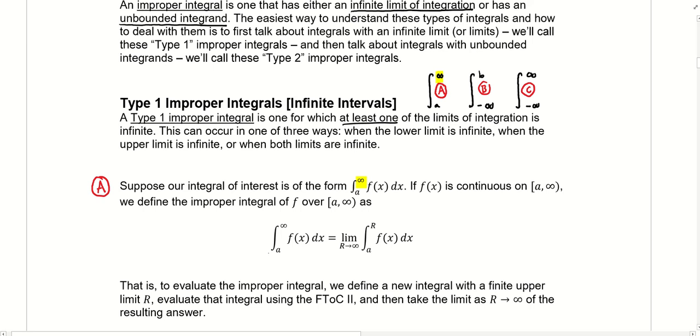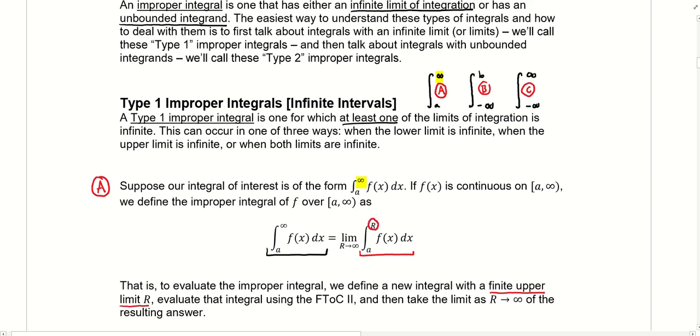The way we do this is we start with this improper integral, and we actually define a brand new integral. We define this integral here, where we're integrating from the lower limit, the a, but instead of integrating to infinity, what we do is we replace the upper limit with some finite value r.